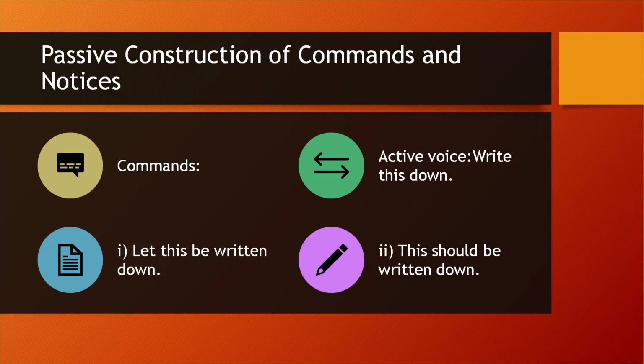Now let us look at the passive construction of commands and notices. Let's look at commands. Write this down. This is a command which is in active voice. Now it can have two passive forms.